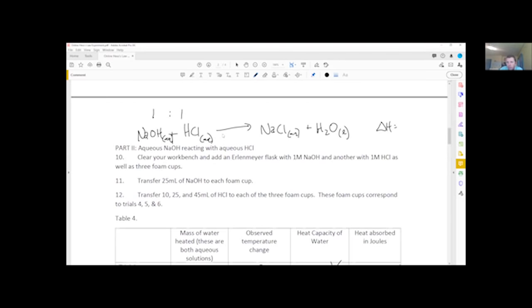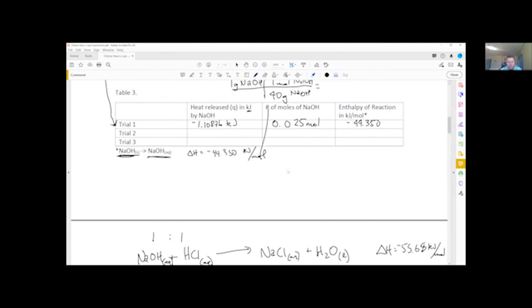I'll just use my one data point, negative 55.64, I'm going to call it 65 kilojoules per mole. There's some heat released when you neutralize NaOH or HCl with NaOH. There's also heat released when solid NaOH goes to aqueous.